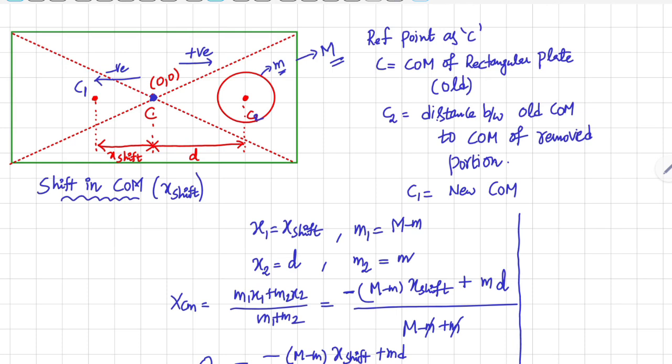For example, if the removed portion is on the left side, the shift in center of mass is towards the right. In this way we can understand the concept of shift in center of mass.